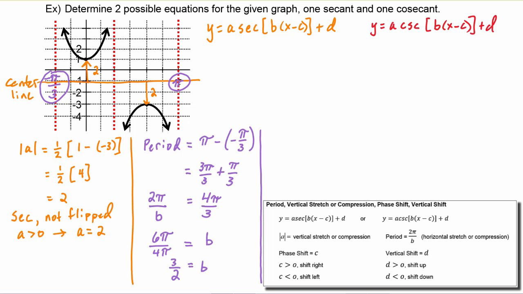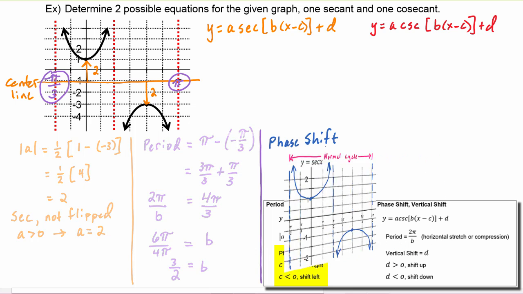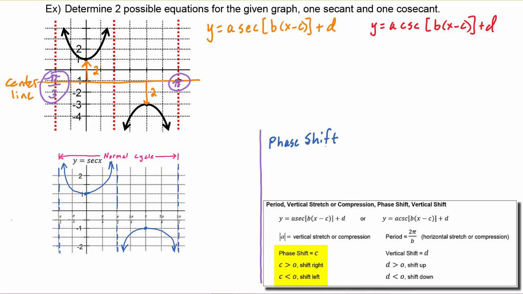To get letter C, we know we have to look at the phase shift of the graph. And to get the phase shift, we have to start from the unaltered graph of secant and look at what's happening on the y-axis.